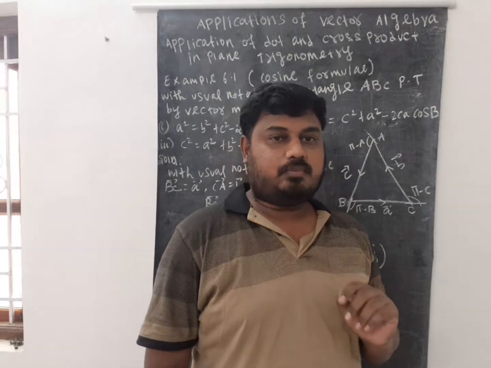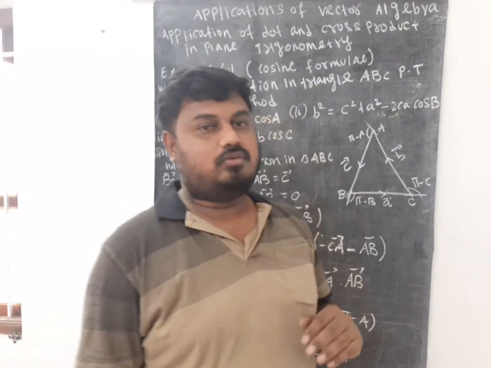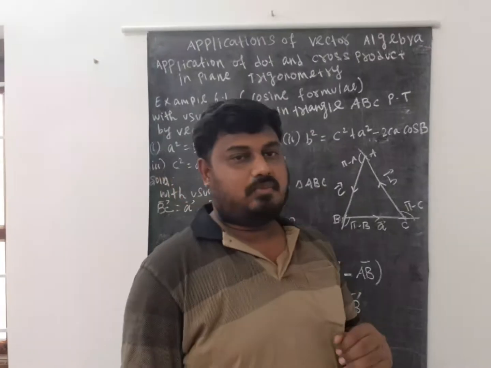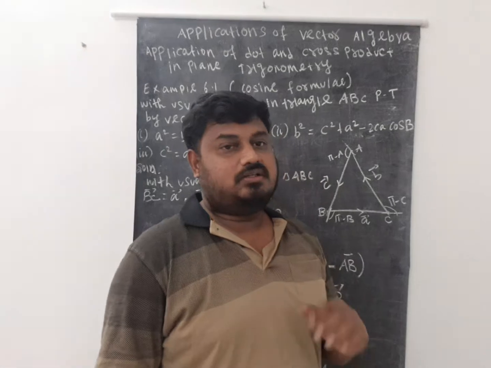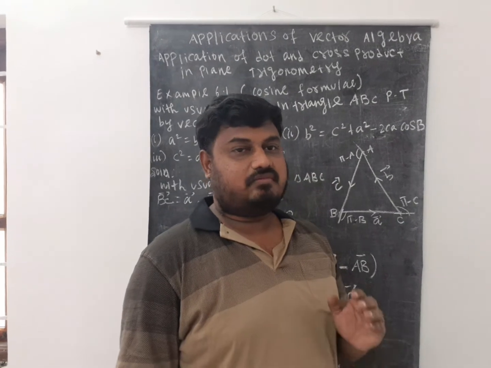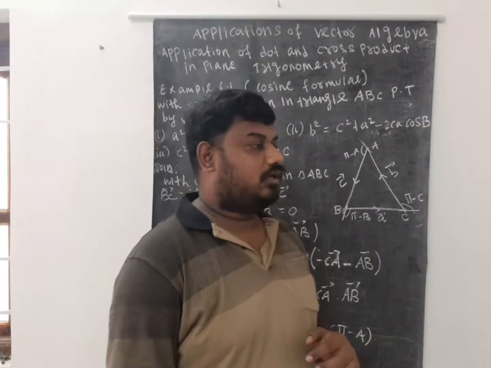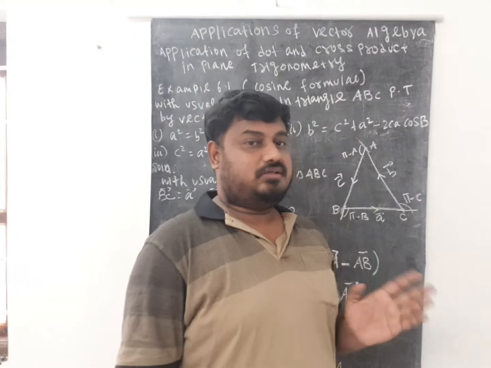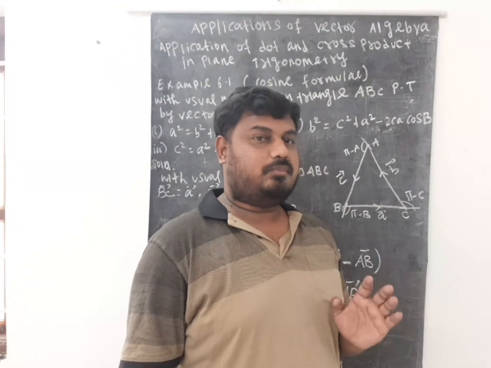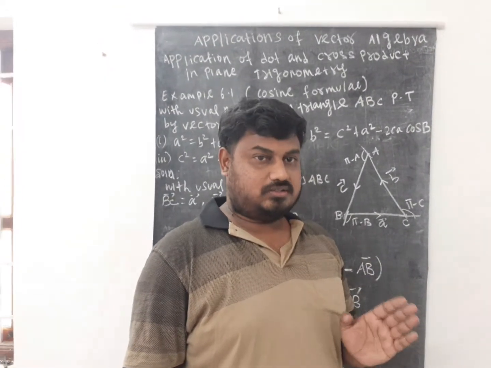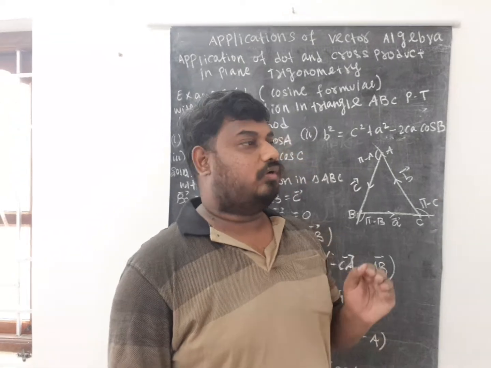Suppose two vectors' dot product means a vector dot b vector is equal to modulus of a vector into modulus of b vector into cos theta. The cross product means modulus of a vector cross b vector is equal to modulus of a vector into modulus of b vector into sin theta. The dot product is equal to 0 when the two vectors are perpendicular.